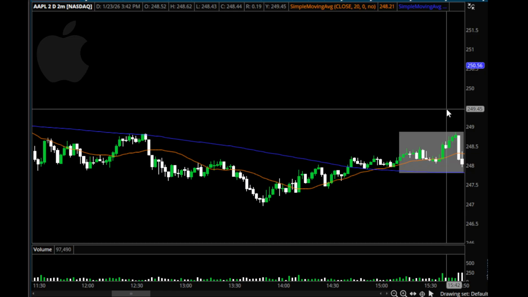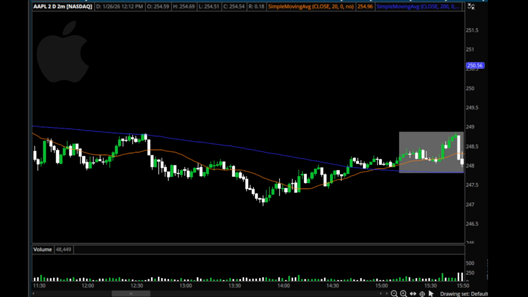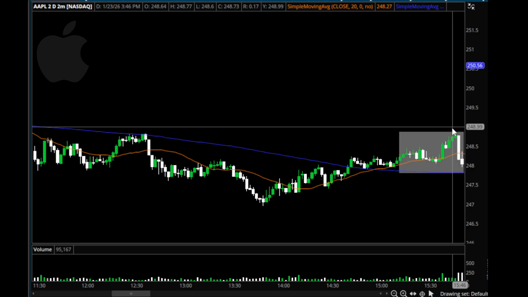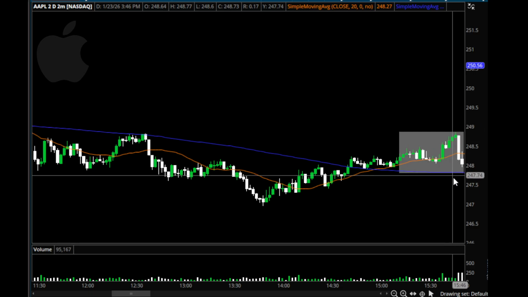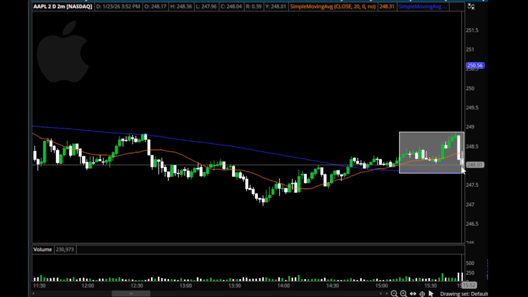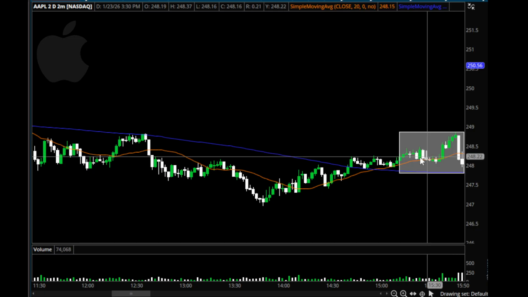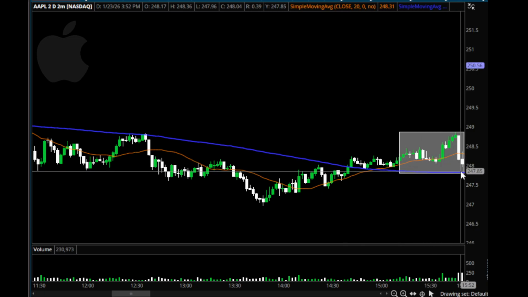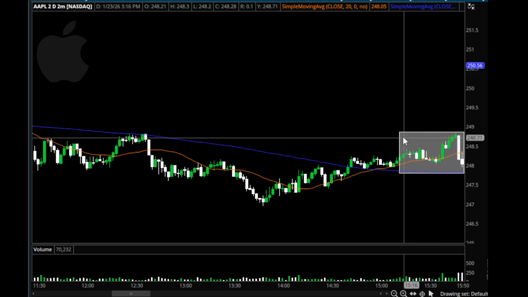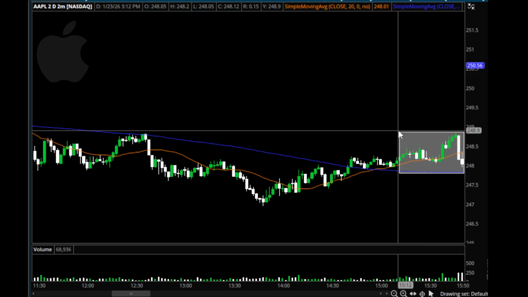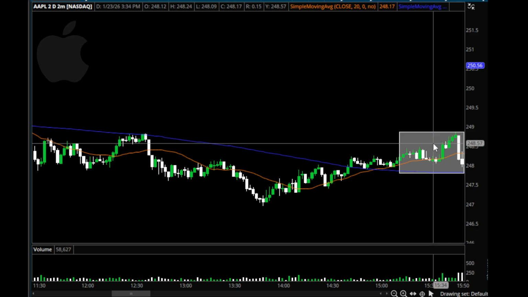I'm marking this out on my chart. This is called the Fab 4, the Fabulous 4. The high of the last 45 minutes, the low of the last 45 minutes, the 20 SMA of the last 45 minutes, and the 200 SMA of the last 45 minutes. All of those four things need to be highlighted together inside of a box.